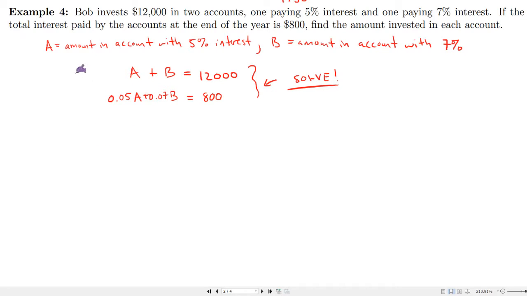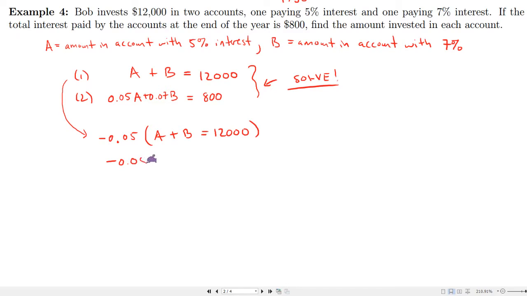So let's say for equation 1, let's multiply this first equation by negative 0.05. So equation 1, if we multiply by negative 0.05, what do we get?